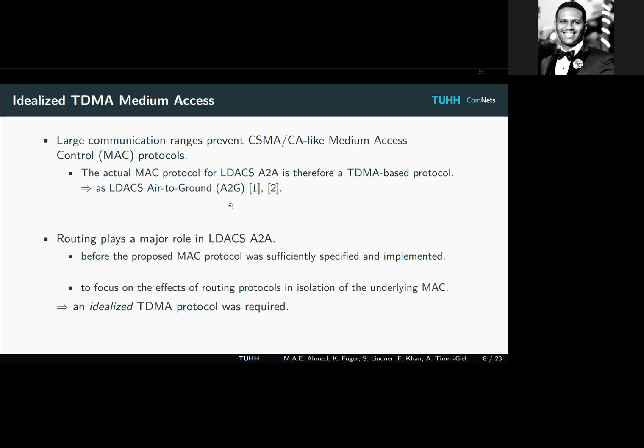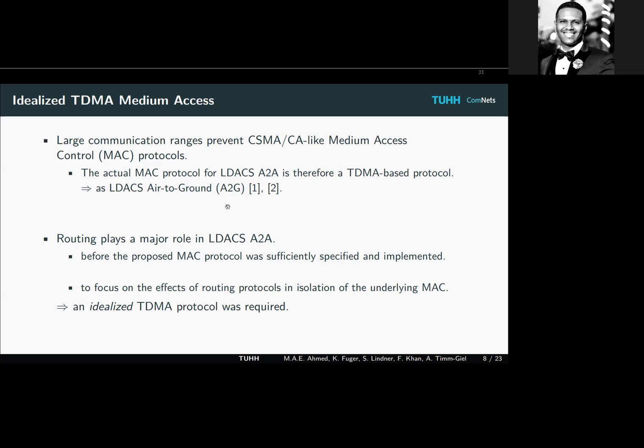So for the first question, as it's clear, we have large communication ranges, going up to 370 kilometers. And this prevents us from using CSMA/CA-like medium access control protocols, because the large communication range will result in large delays, which make it almost not possible to operate any kind of CSMA/CA protocols.